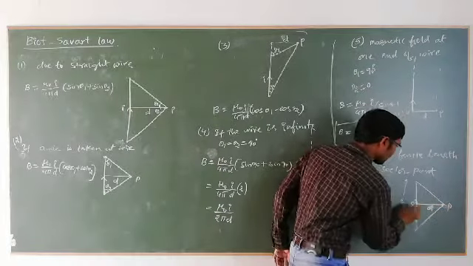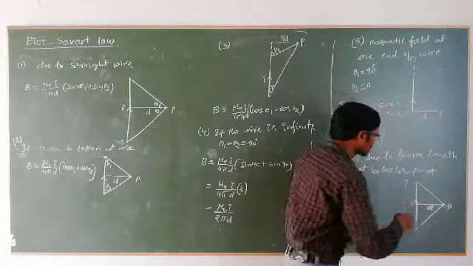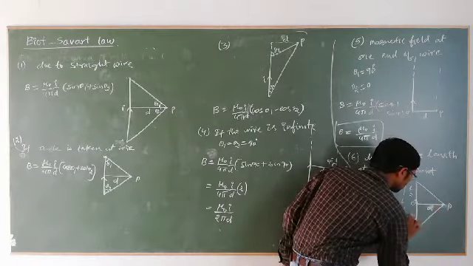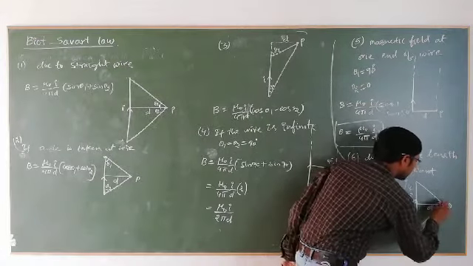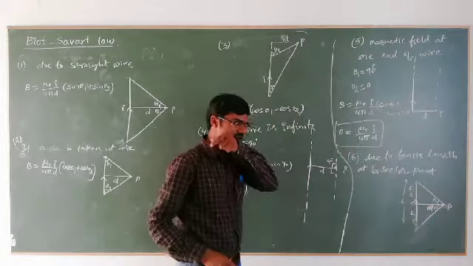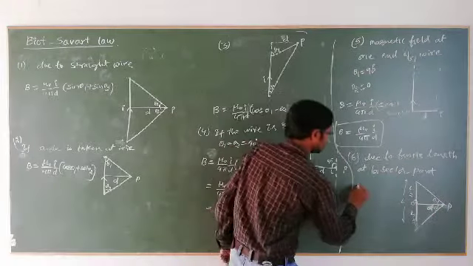Now here, the total length is L, then what is this length? L by 2. What is this length d? Theta 1 and theta 2 are the same. Now what is sin theta?